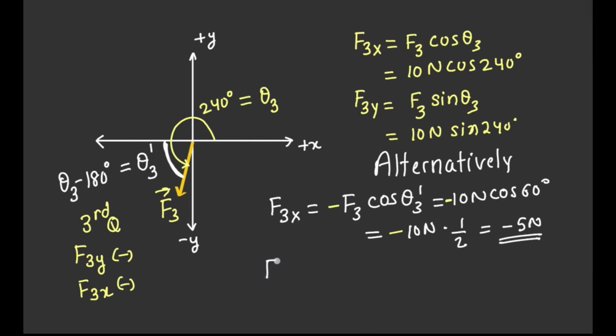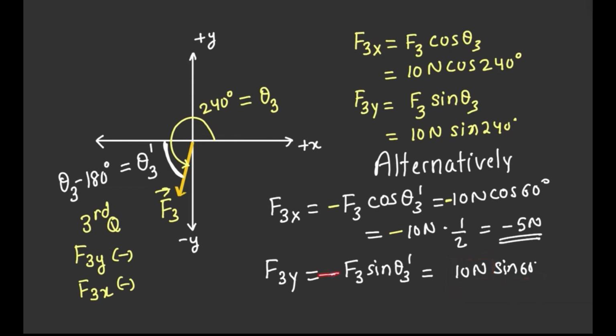Moving on to f3y. f3y is f3 sine of theta 3 prime, which is 10 newtons sine of 60 degrees. Now we know that f3y should be a negative number, but sine 60 degrees is not negative, and nor is the magnitude of the vector f3.